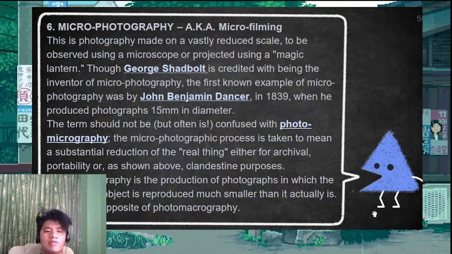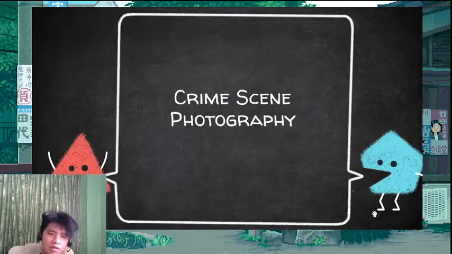So, yung ginawa nila is, they used microphotography. Pinaliit nila yung messages nila to the smallest size. Mababasa mo lang yun with the use of a microscope. So, yun yung ginawa ng Allied powers to win in some battles.